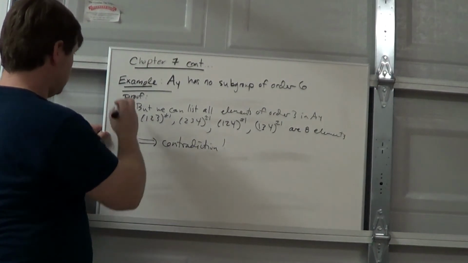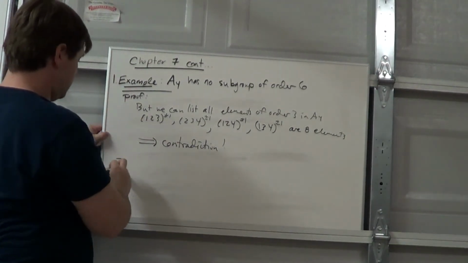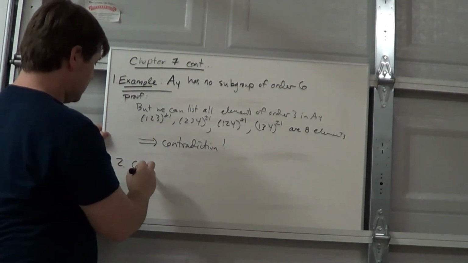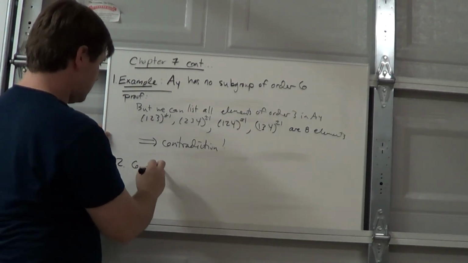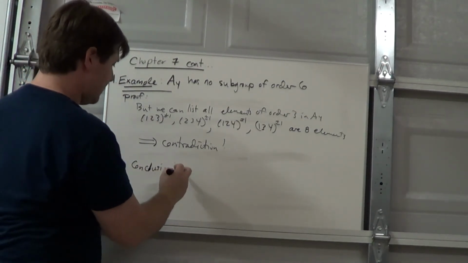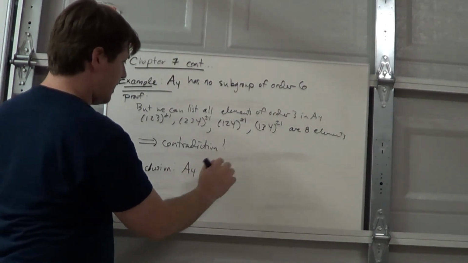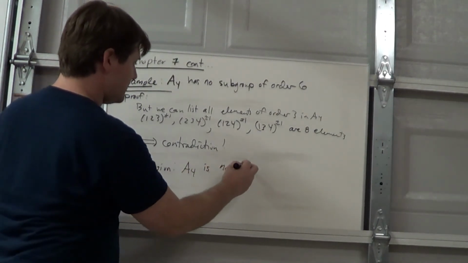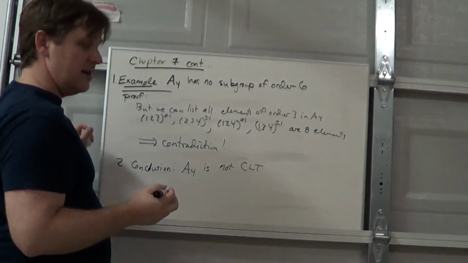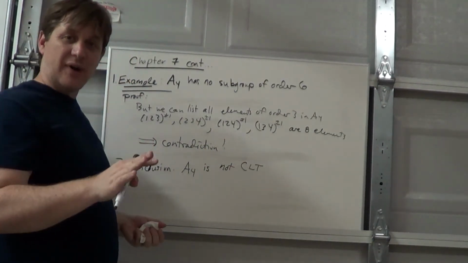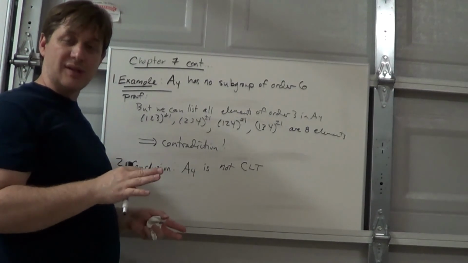So one conclusion is that A4 is not CLT, or does not satisfy the converse of Lagrange's theorem.